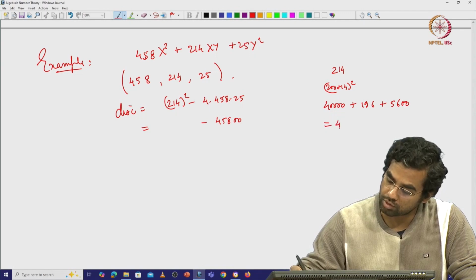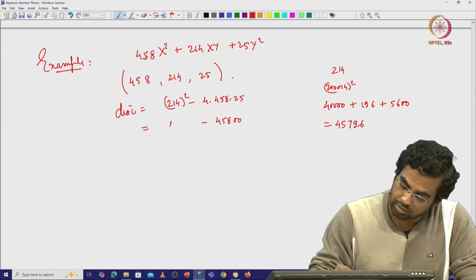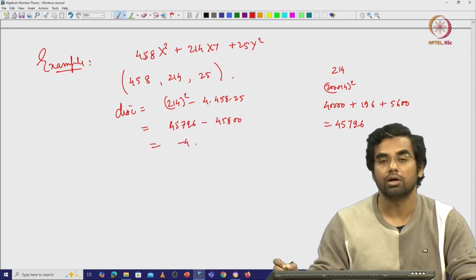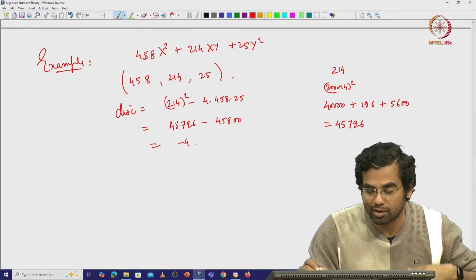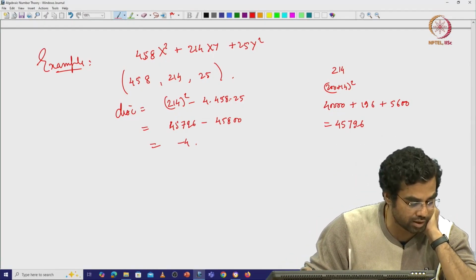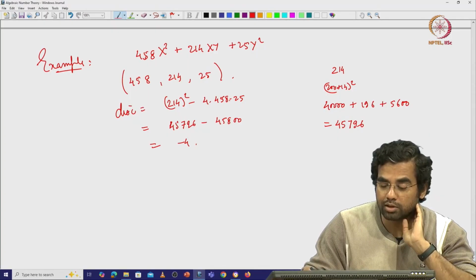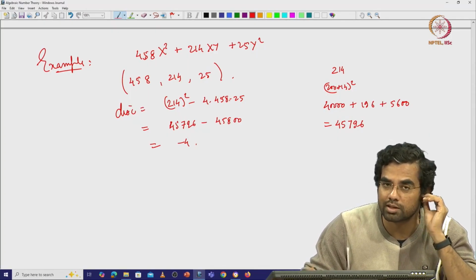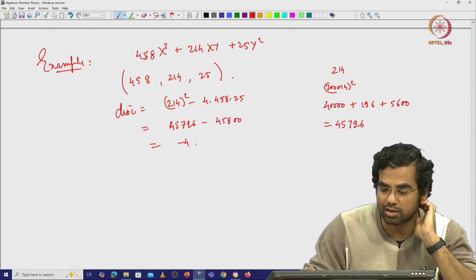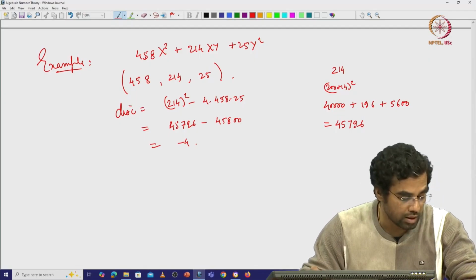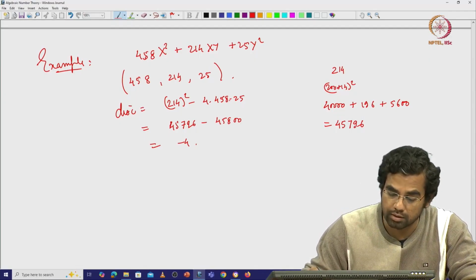So this is 45796. This is minus 4. Okay, so that's very nice that you have all these big numbers, but the discriminant is simply -4, and this is chosen for a particular reason. There is exactly one reduced binary quadratic form of discriminant -4. So, just by knowing that it is -4, I know which one we are going to get, but let us do this calculation anyway.